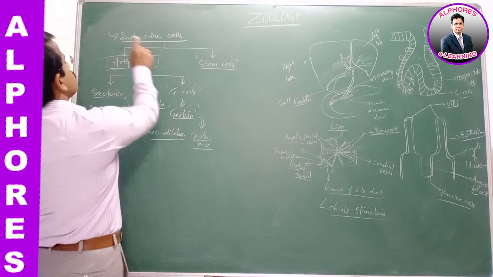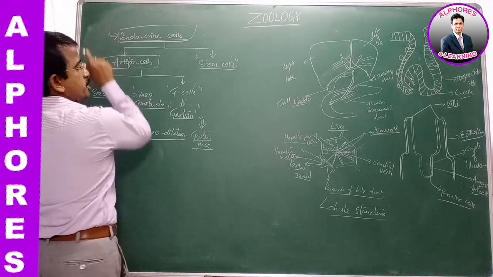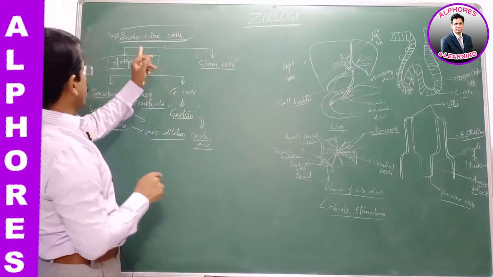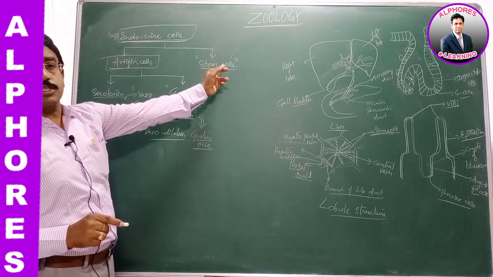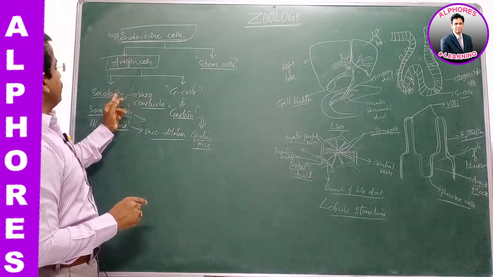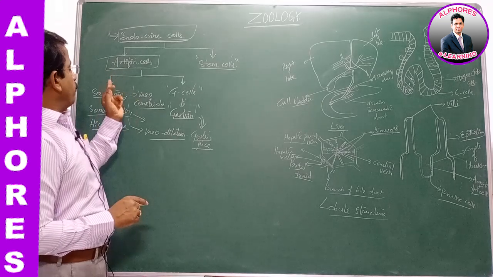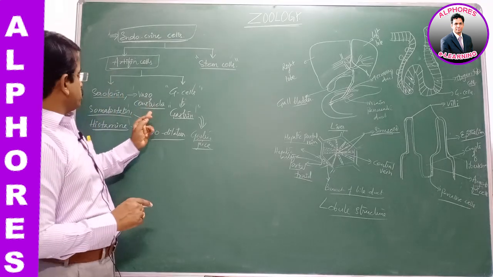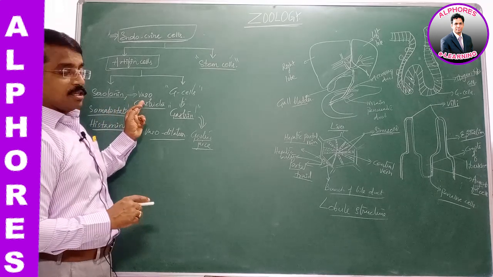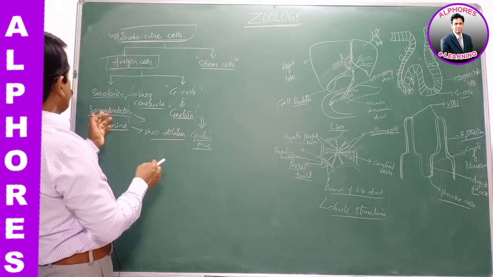So this is the endocrine cells, which include the argentaffin cells and stem cells. Argentaffin cells secrete serotonin, somatostatin and histamine. Serotonin is a vasoconstrictor, which constricts the blood vessels.